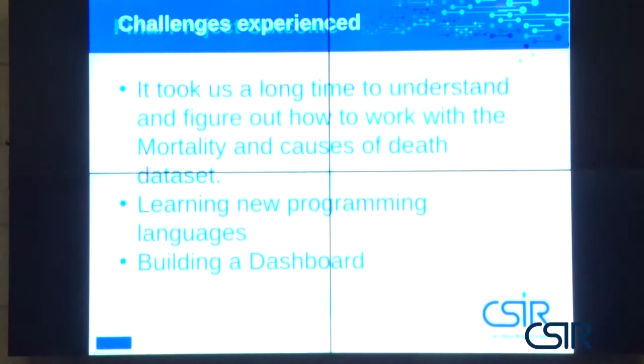The biggest challenges that we experienced during the project were that it took us a long time to understand the data set that we had, learning new programming languages because we are from different backgrounds, and building a dashboard. After our model predicted a disease, we wanted to connect the two data sets.